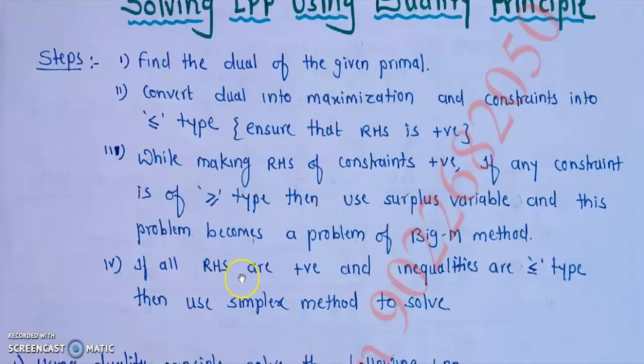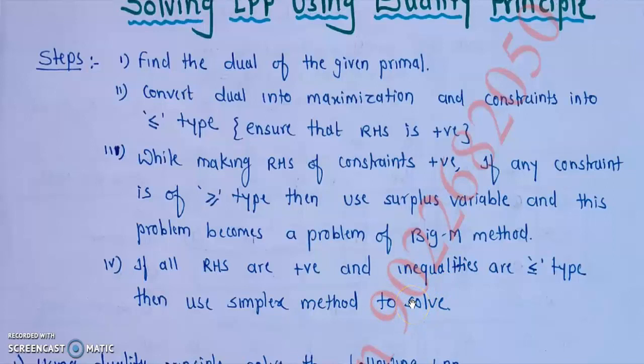If all RHS are positive and inequalities are less than or equal to type, we use the simplex method to solve. Therefore, using the duality principle, we have to ensure whether the problem is solvable using the simplex method or big M method. The clue is: if one of the RHS is negative while making all the constraints less than or equal to type, we have the big M method, and if all RHS are positive, we have the simplex method.